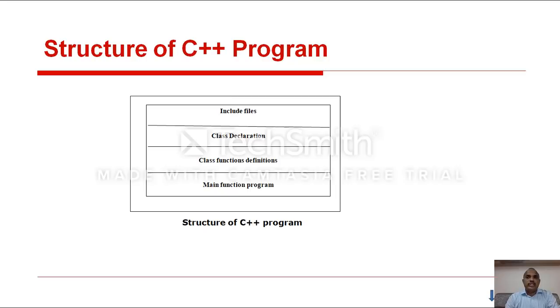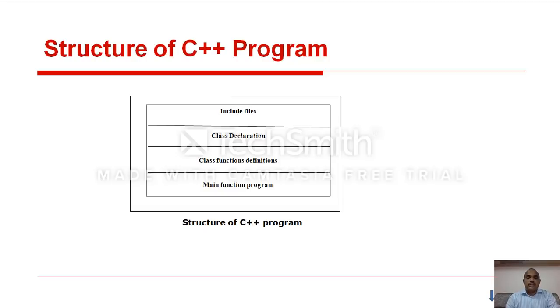These may be placed in separate code files and then compiled independently or jointly. A program is commonly organized into 3 separate files. The class declarations are placed in a header file and the definitions of member functions go into another file.